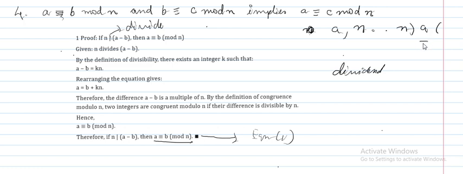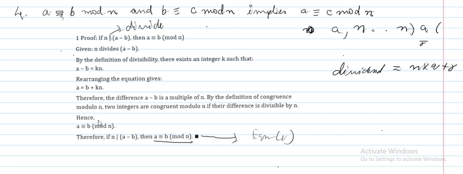And we will get this remainder. So how do we express a? n into the quotient, n times q plus r, like that. Suppose we consider this is a dividend, so b is the remainder. But a is actually, this is also a remainder. Okay, I'll express this later. So b plus kn. Therefore the difference a minus b is a multiple of n.